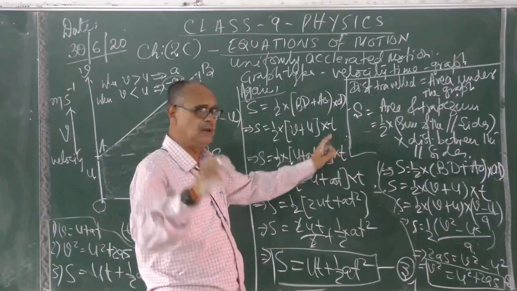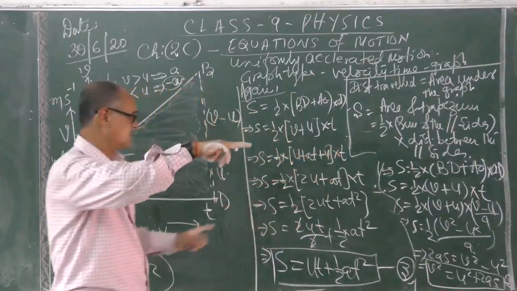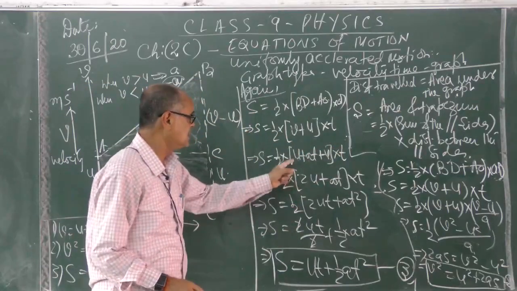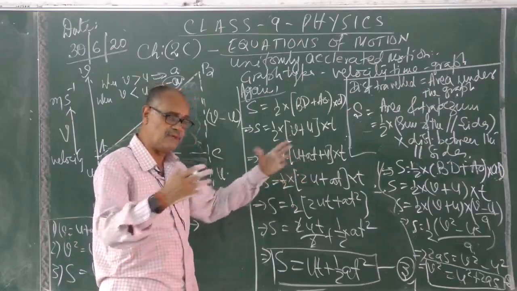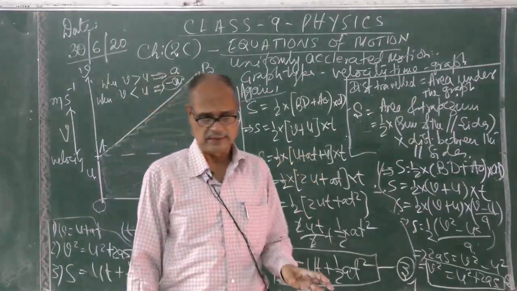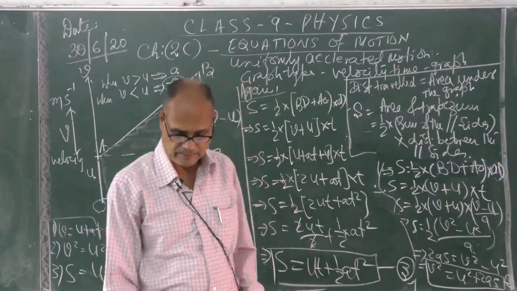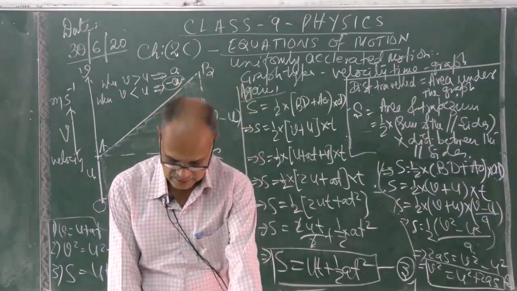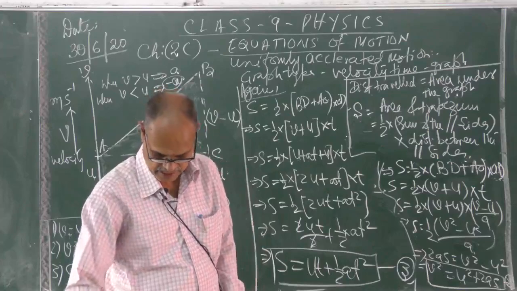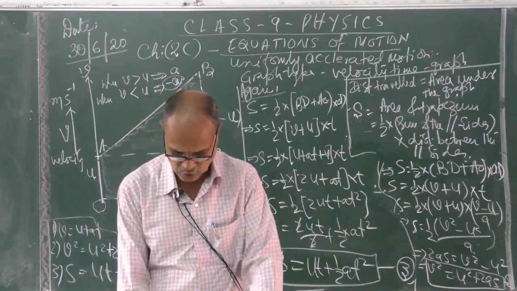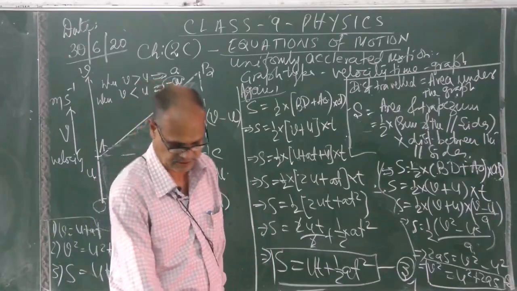T will be as usual. V will be eliminated, as v is eliminated in terms of u plus at, the same way it will change there only. So that is not a very big difference in working. I now suggest you go for its applications.